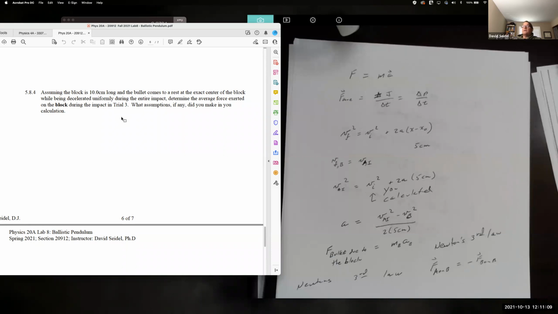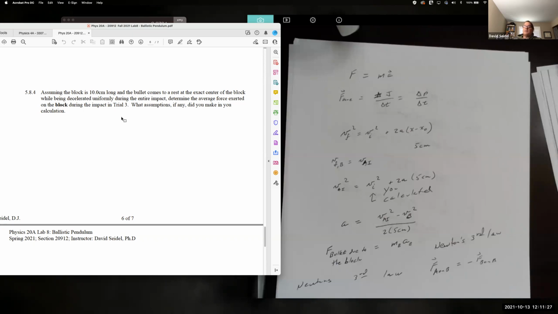You can get now the time of this impact. If I have now the average force, and I could have put some more problems on here, probably should have. How much time did the impact take?